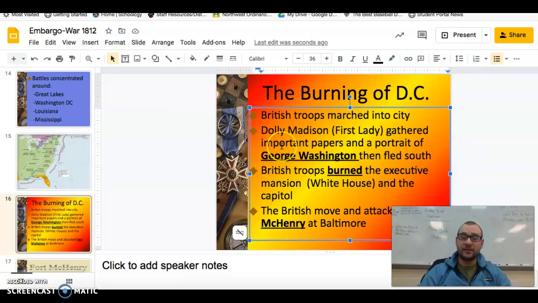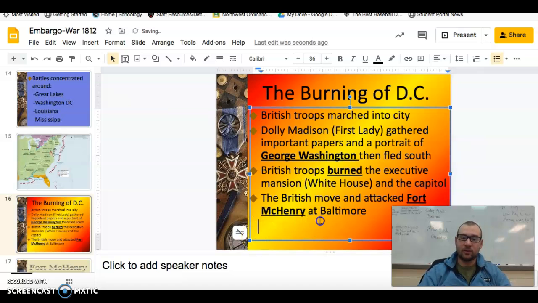She literally left the White House minutes before the British troops showed up. Now, that's the story in history. Who knows? But it definitely makes for a more exciting story if we say that she just made it out. But yeah, she's able to grab all these important things and leave the White House before the British start to burn it down.